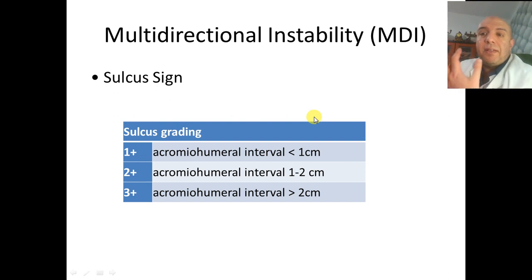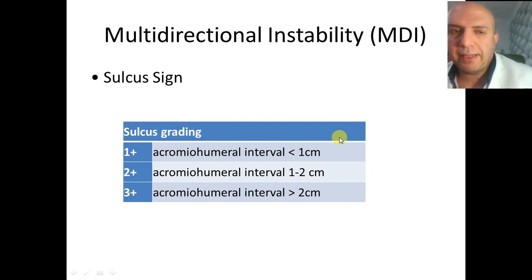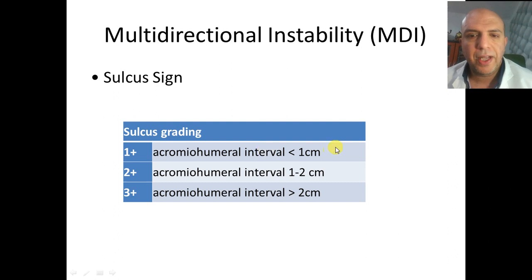According to this, in multi-directional instability, the patient has multi-ligamentous abnormality or maybe bony, so his shoulder is coming down and the space is open according to the degree, 1 to 2 and more than 2 centimeters. I hope that I made this chapter easy for you.